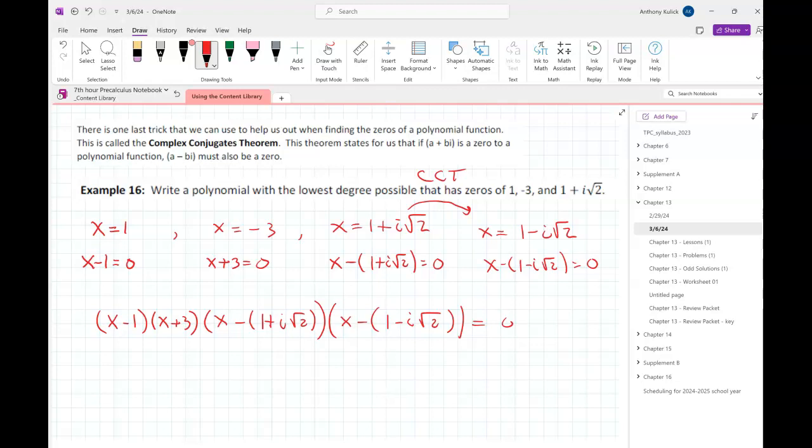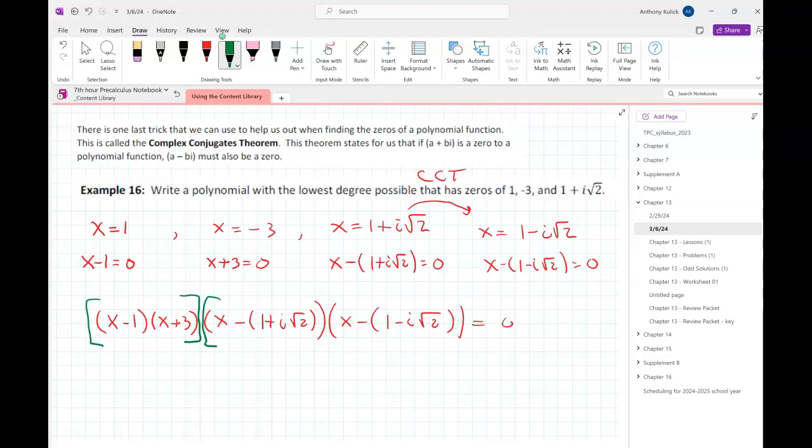Still doing okay? What I have now is a polynomial, right? Because I just have 4 polynomials multiplied together. The result should be a polynomial. Everybody agree? So to get this polynomial now, all I have to do is FOIL this thing out.